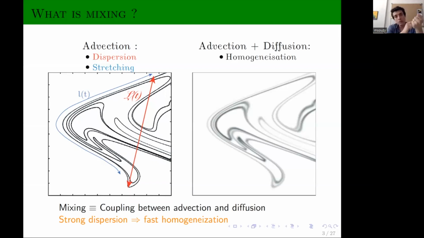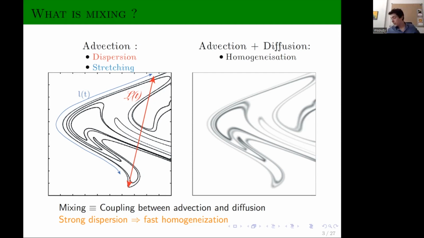It's only when you turn on the effect of molecular diffusion that these stretched lamellae will promote the decay of the concentration level, which eventually will lead to the mixing process. So the mixing results from this coupling between these two distinct effects, advection and molecular diffusion.